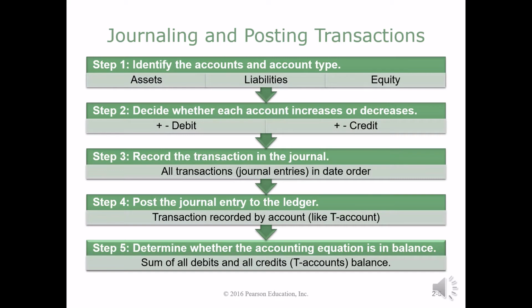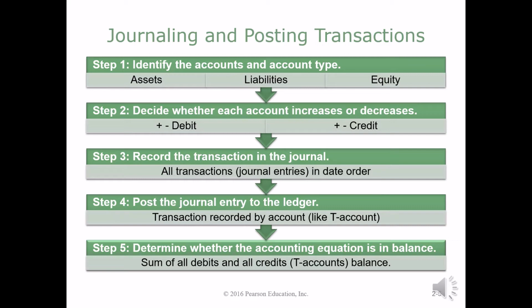Step 2, we need to decide whether each account that's being affected, and we always have at least two accounts affected, is increasing or decreasing. So we need to understand that if it's a normal balance of a debit, we're going to be debiting that account in order to increase it.